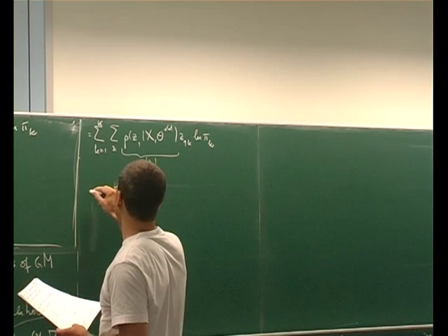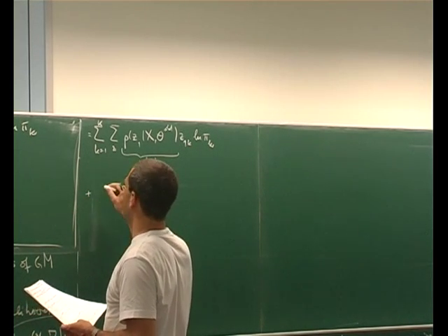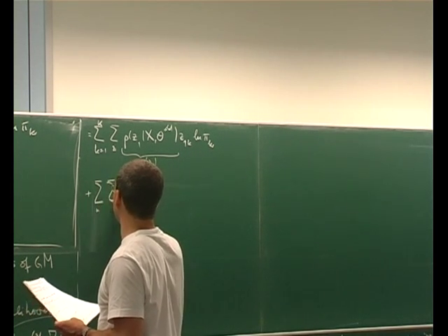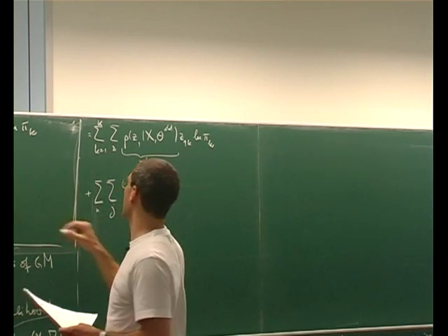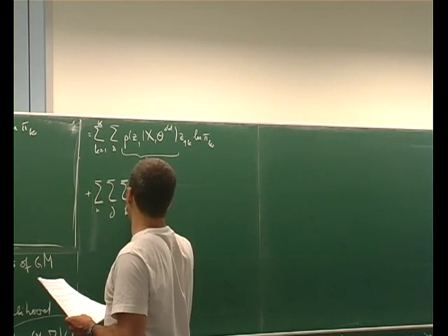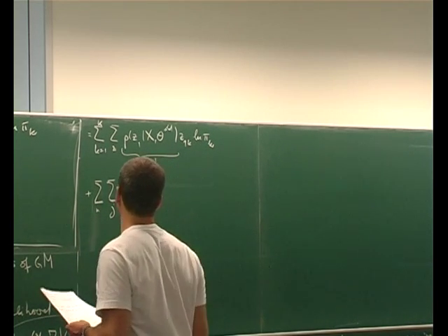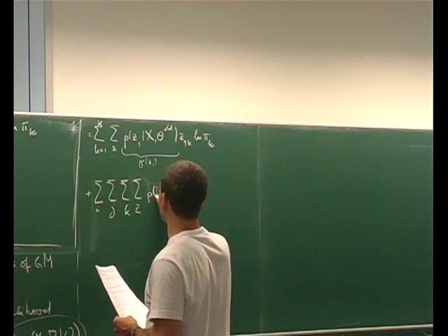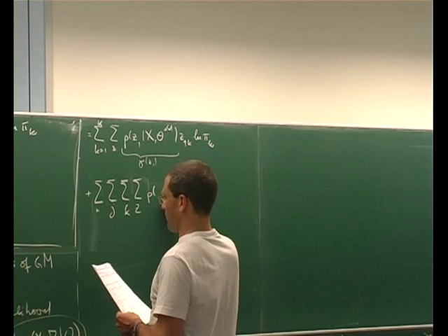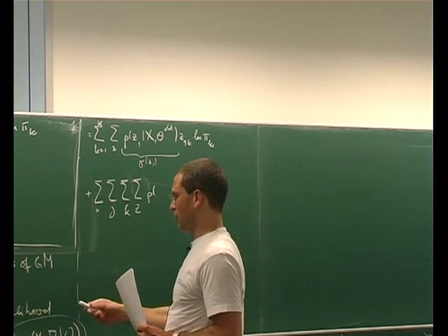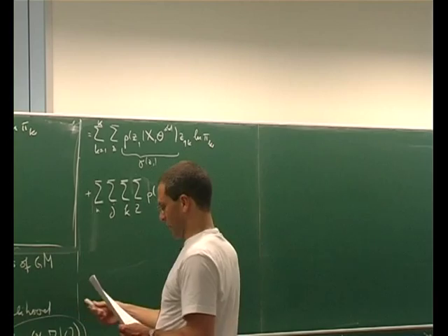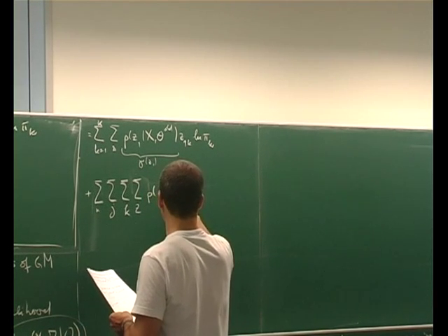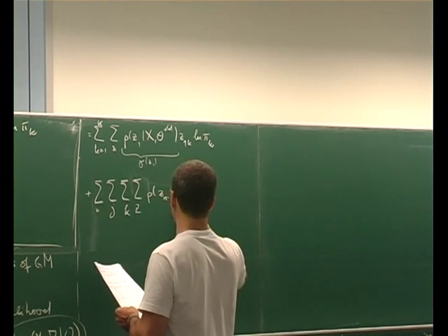Then for the next term, we have this summation over n. So next term, that one here. Summation over n, j, k, and z. Out of all z's, we this time need to retain only z_{n-1} and z_n.